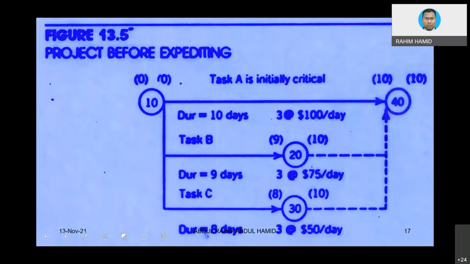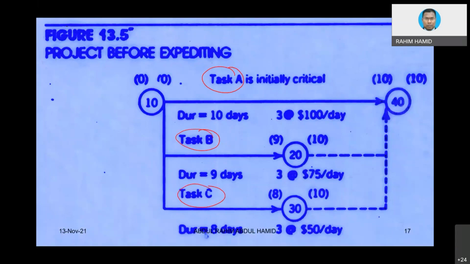Okay, now let's take a look at a simple example first before we go into a bigger example. This is an example of an AOA diagram that has three activities: task A, task B, and task C. Only three activities.